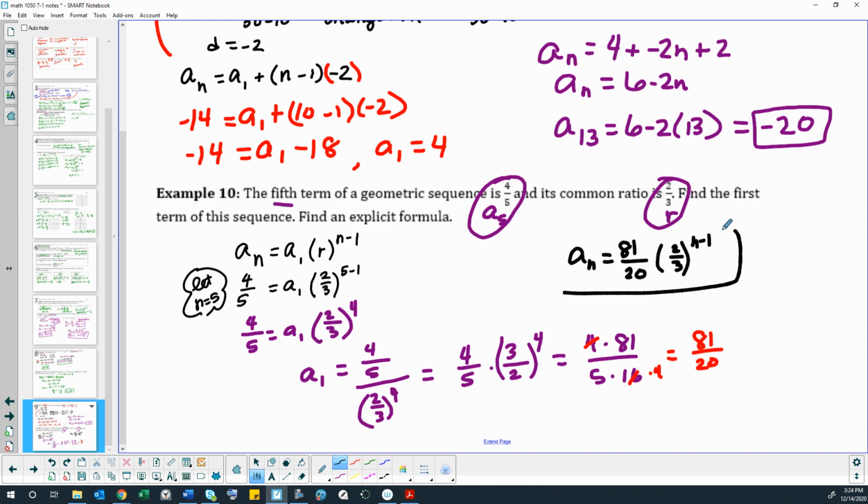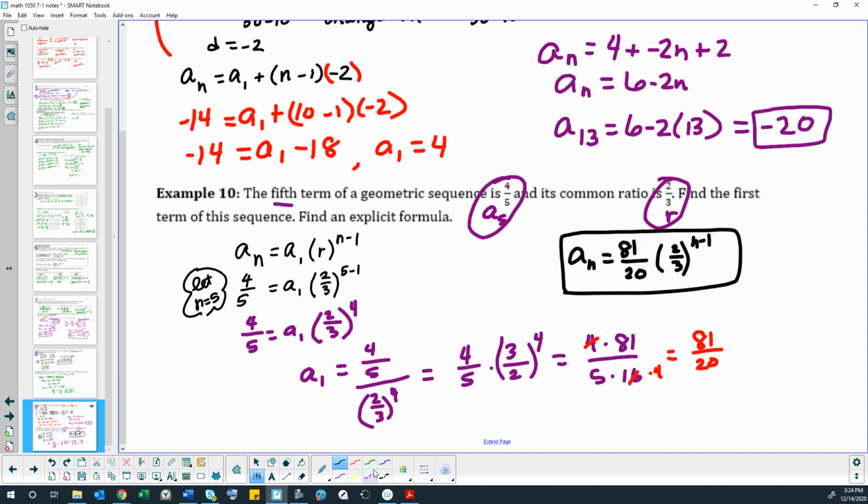If we're not sure we have the right answer, we can always plug one of the things in that we already know. So like we could plug 5 in and make sure we actually get 4/5. So a sub 5, 4/5 would be equal to 81/20 times 2/3 to the n minus 1, so to the 4th power. Well, let's see, 2 to the 4th power. So 2 times 2 is 4 times 2 is 8 times 2 is 16.